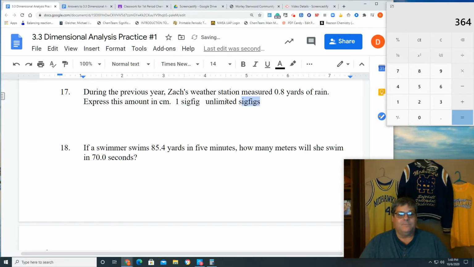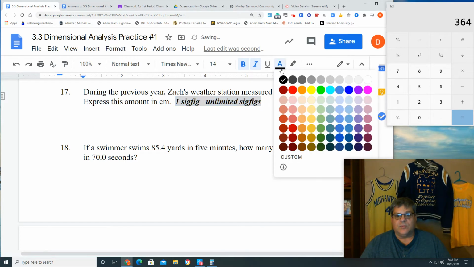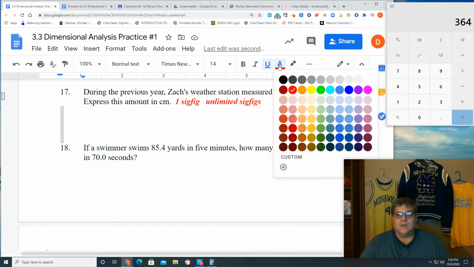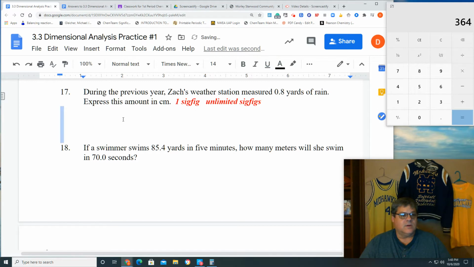So the correct answer is 1, but I would accept this other one here. So we're going to highlight both of those, and change all these to that, and we're going to underline, and go over there like that.